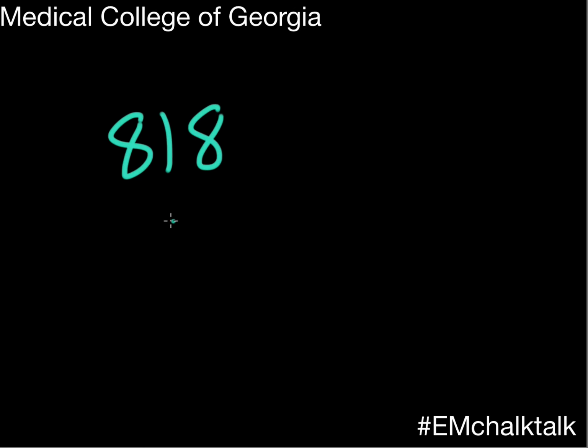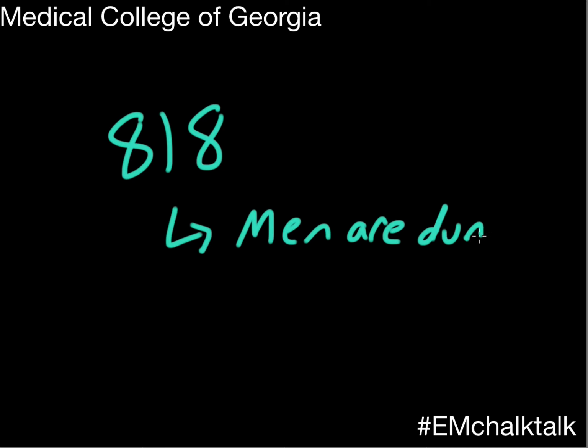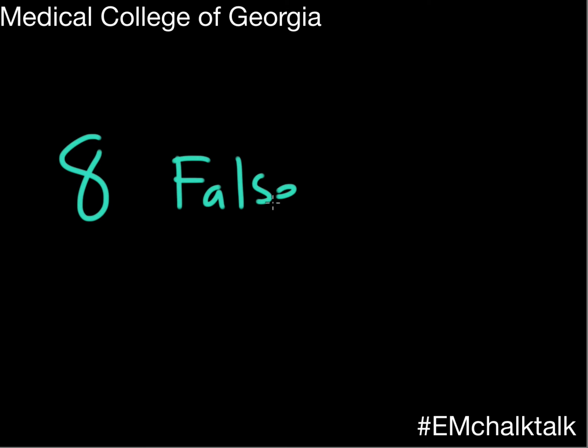Of those, 65% were male, so we're obviously predisposed to doing crazy things and getting injuries. The average age was 40, and there were only 8 individuals who presented as false negatives. These are the patients who did not meet one or more of the 5 criteria and who had radiographically documented injuries. Of these, 2 actually had clinically significant injuries. The other 6 had cervical spine injuries, but they weren't classified as clinically significant, meaning there wasn't a surgical or treatment intervention for those patients.